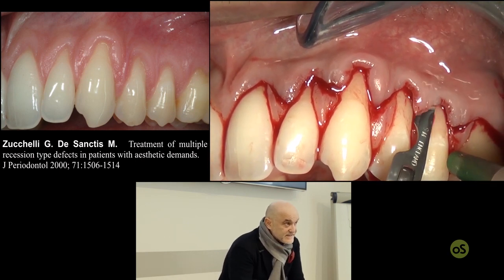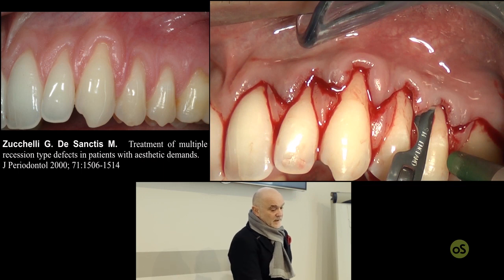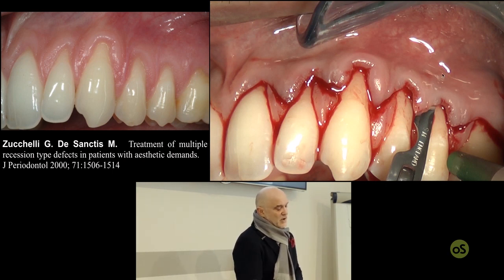Again, this first split is very, very limited in apical direction, using only the tip of the blade in contact with the bone to separate the muscles of the alveolar mucosa from the periosteum.